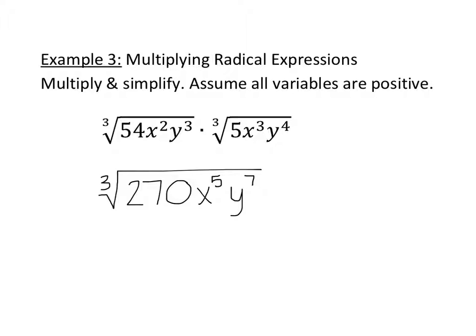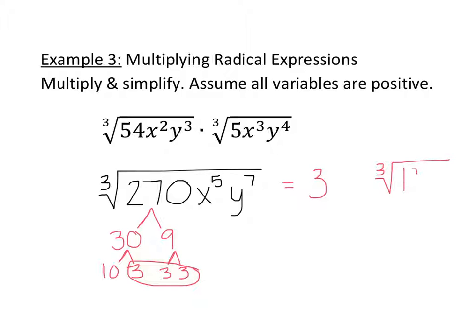All right. Let's break it down. What do you want to break 270 down into? 30 and 9. 9 breaks down to 3 and 3. 30, I'm going to do 10 and 3. There's my 3s. Can I break 10 down into anything that can be cubed? No. So we know a 3 is on the outside, and a 10 still on the inside.